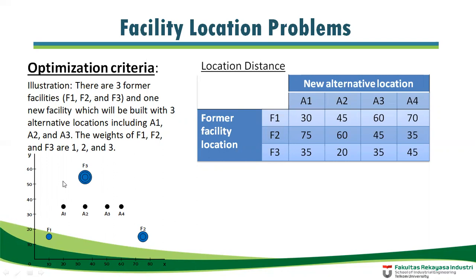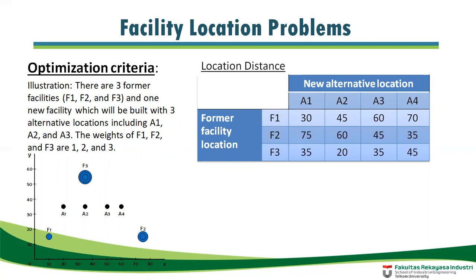And then we have a weight. Weight represents a unit load or a single load that should be transferred from one facility to another facility. So weight itself doesn't represent the exact amount of weight.